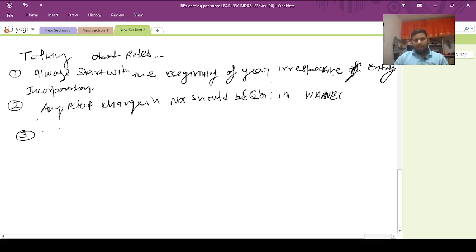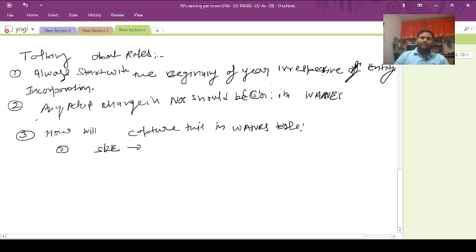This is how we will capture this in the WANS table. The first point is SLI, separate line item, when your numerator is reactive, for example a fresh issue.